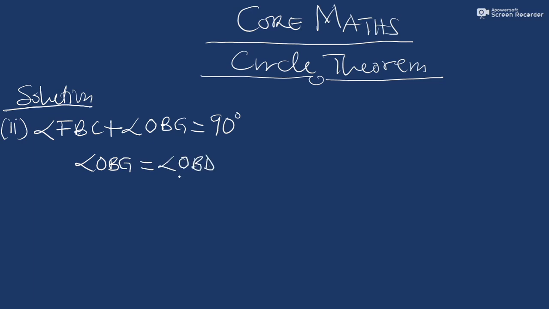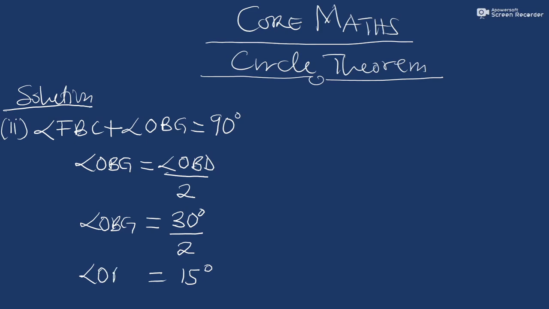So angle OBD divided by 2 will give us angle OBG. And then we solved it to get 30 degrees. So 30 divided by 2 will give us 15 degrees. So angle OBG is 15 degrees. Okay, good.